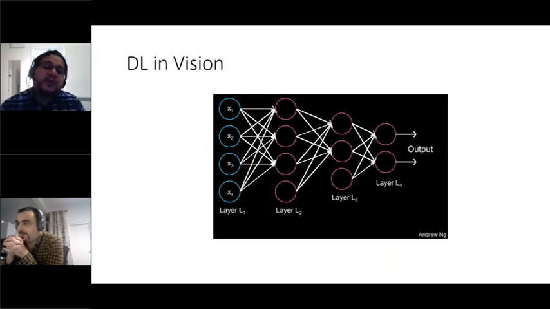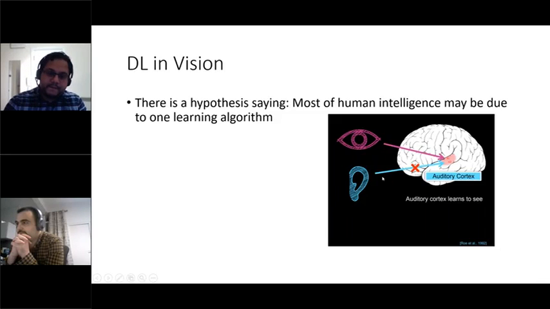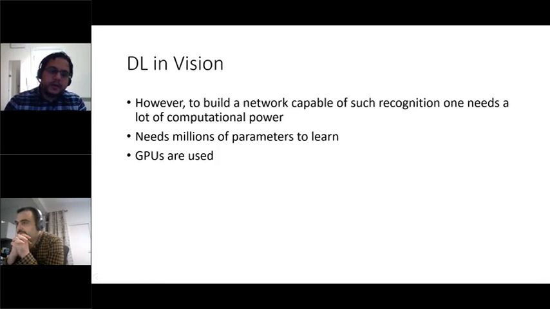That's why we can end up with billions of parameters. Generally, a simple neural network that is capable of recognizing cats has millions of parameters. So, of course, we need to learn millions of parameters, and we use GPUs, graphical processing units, to train them. It's because of matrix multiplications.